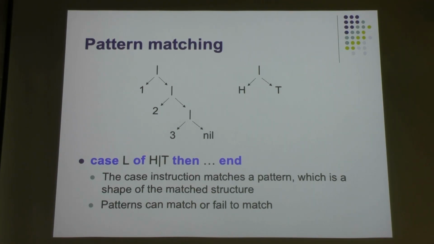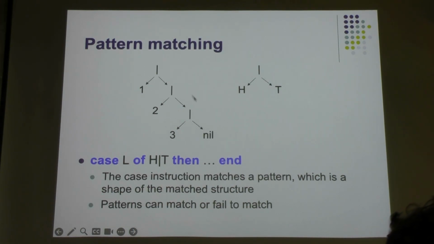So L is the actual data structure in memory, this part on the left, and I'm matching it to this template. Okay? And if it matches, then you will bind the identifiers, here H and T. So H will be equal to 1, T will be 2 bar, 3 bar, nil.